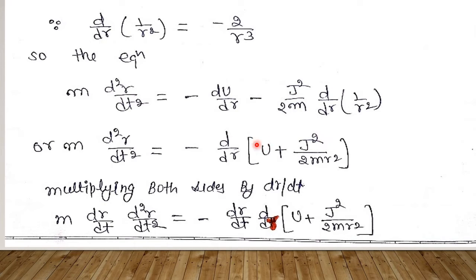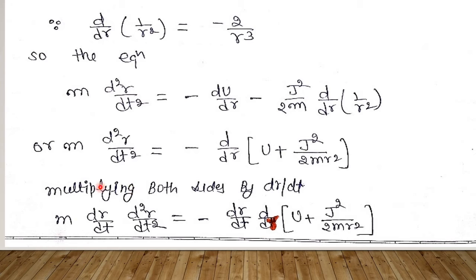Now multiplying both sides of the above equation with dr/dt, we get m dr/dt d2r/dt2 equals minus dr/dt d/dr of u plus J square upon 2m r square.